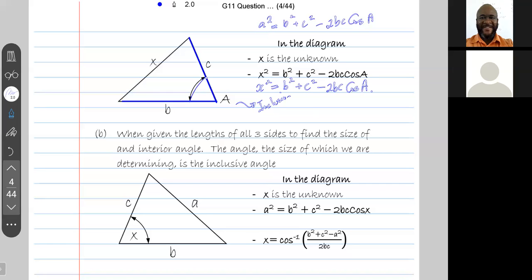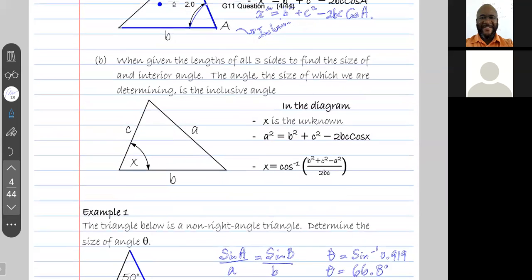The cosine rule is used to find the length of the third side of a non-right angle triangle when you are given the length of two sides and the inclusive angle. When else do we use the cosine rule?